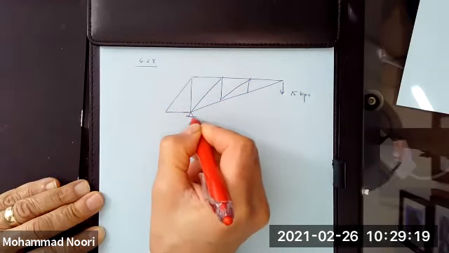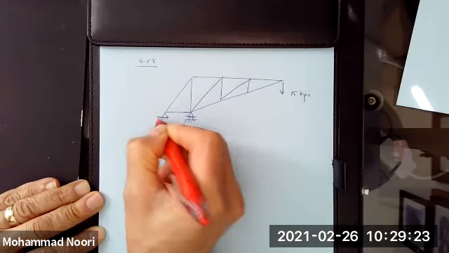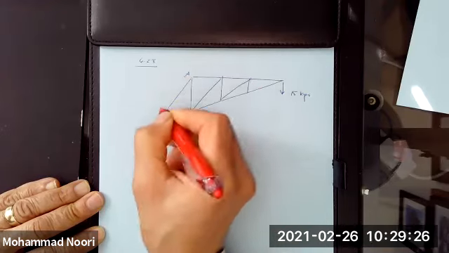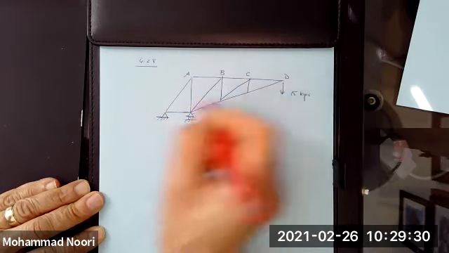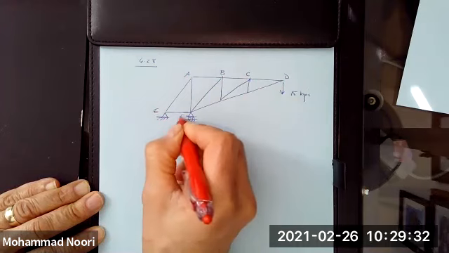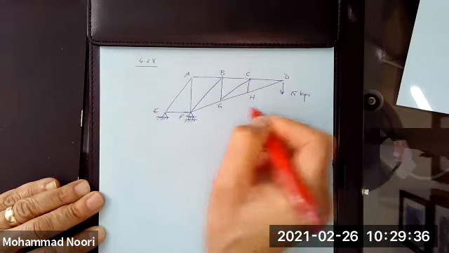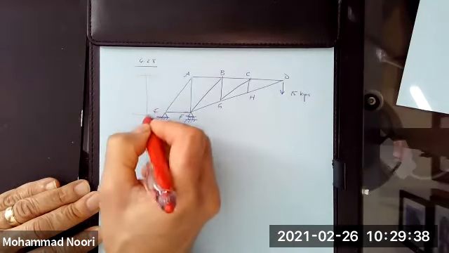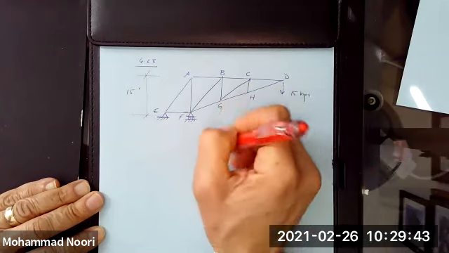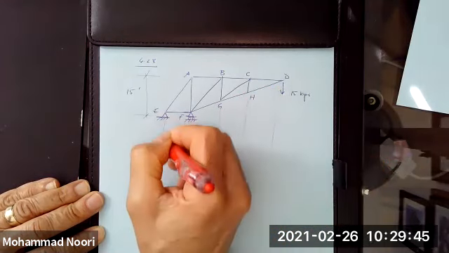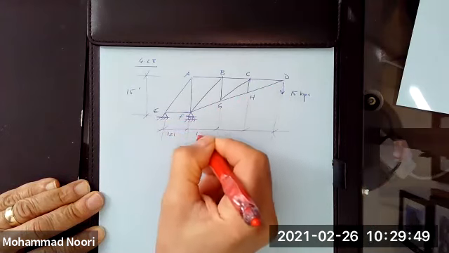Let me label this A, B, C, D, E, F, G, H. The height is 15 feet, and these are each 12 feet.